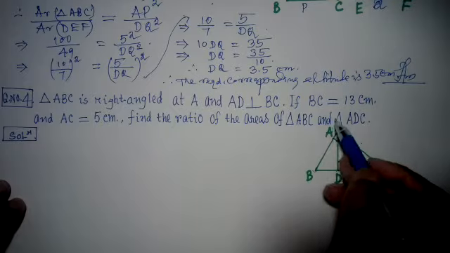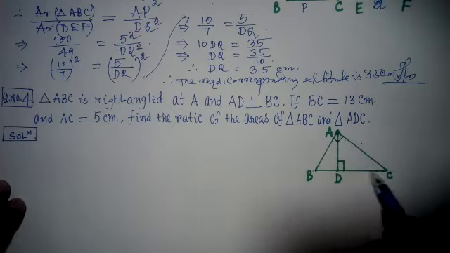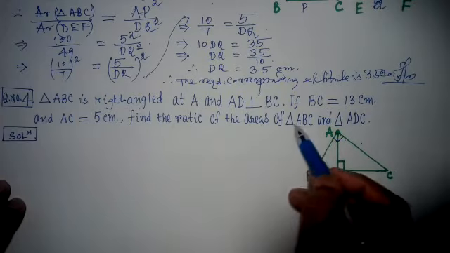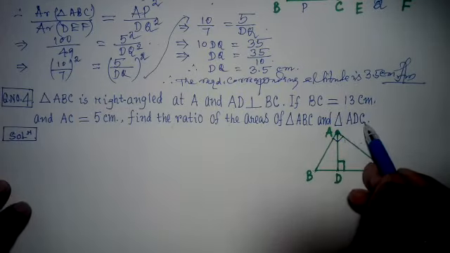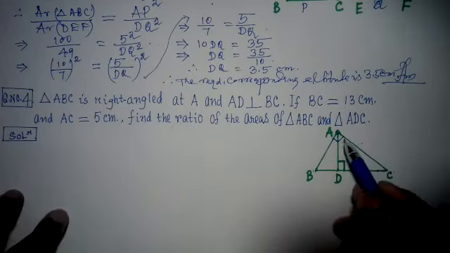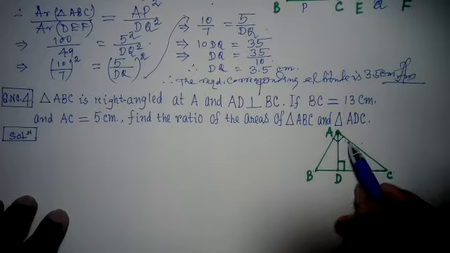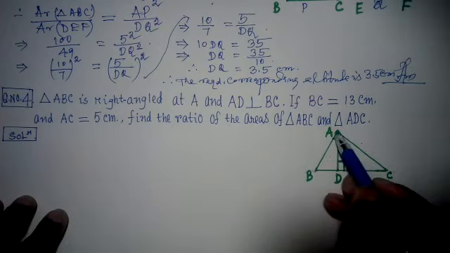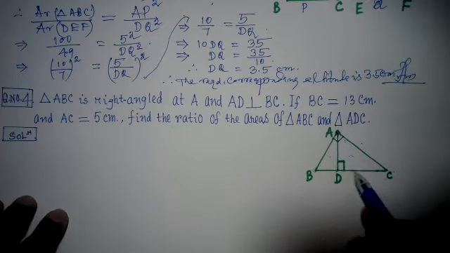ABC, this is the triangle, and ADC, this small triangle. We have to find the ratio of the areas of triangle ABC and triangle ADC. Actually, in a right triangle, when we draw a perpendicular from the right angle to the opposite side, we get two small triangles, ADB and ADC.